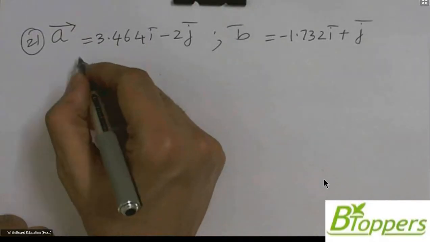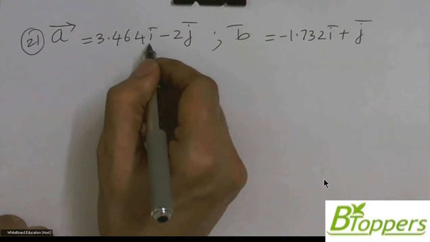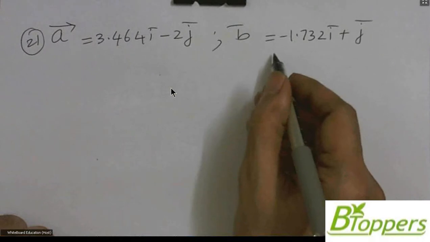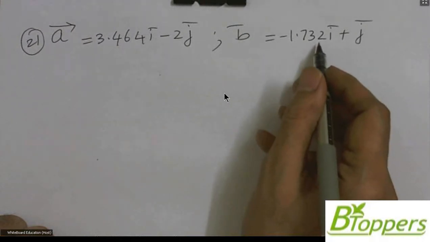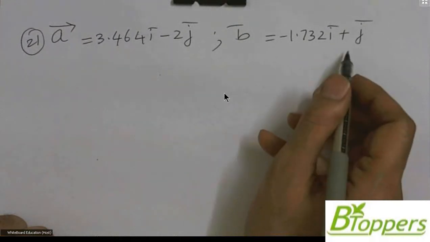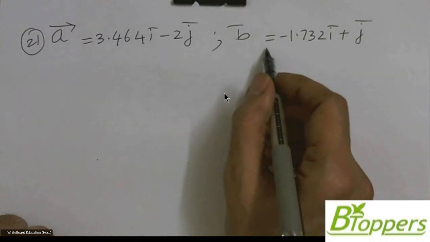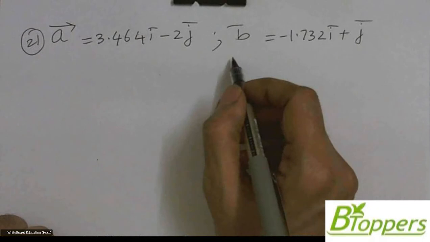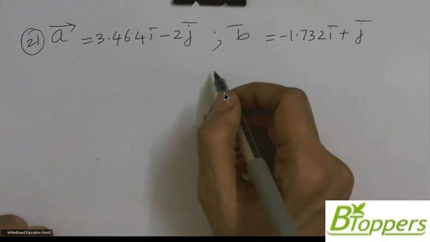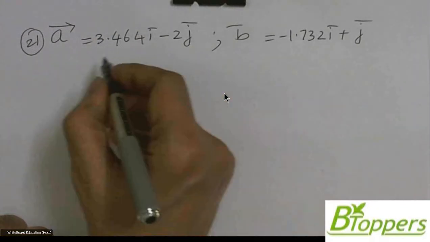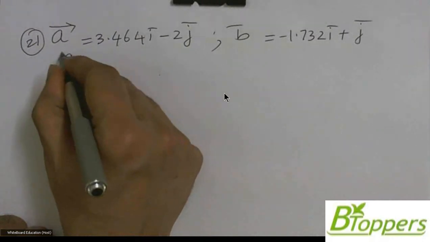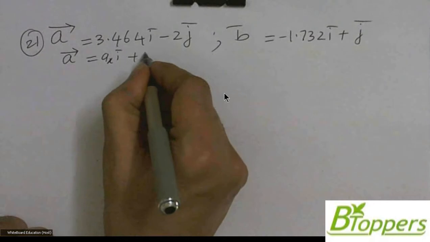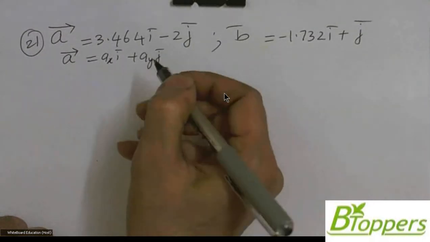So you are given that vector A bar is equal to 3.464 I bar minus 2 J bar, and vector B bar equal to minus 1.732 I bar plus J bar. We are asked to find the angle made by the resultant of the two vectors A bar and B bar with the positive direction of x-axis. So you can compare the vector A bar with the standard form AX I bar plus AY J bar.